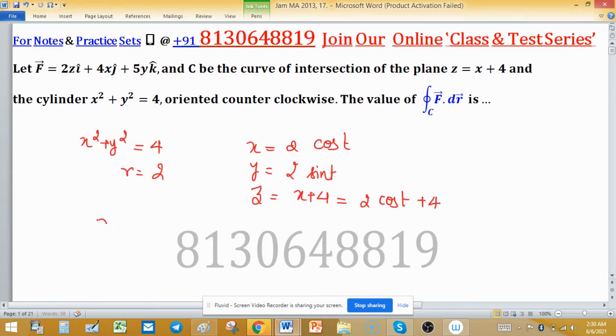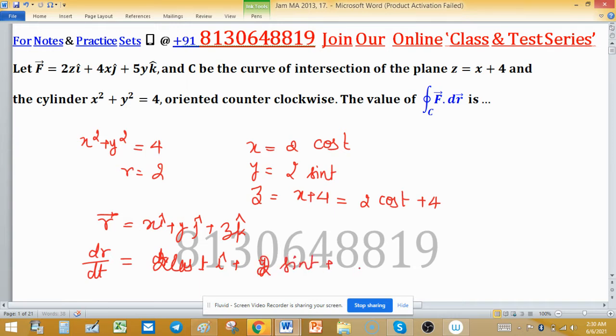Now the position vector r is given as x i hat plus y j hat plus z k hat. So dr over dt, because of the parameterization, will be: x is 2 cos t i hat, y is 2 sin t, z is 2 cos t plus 4.